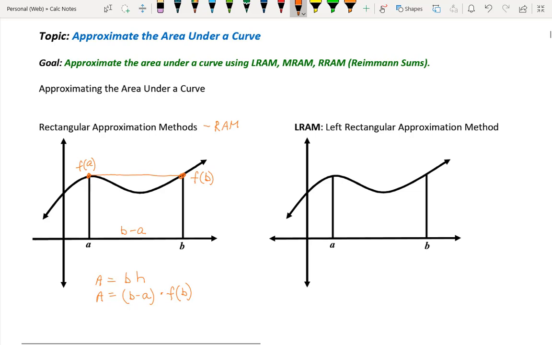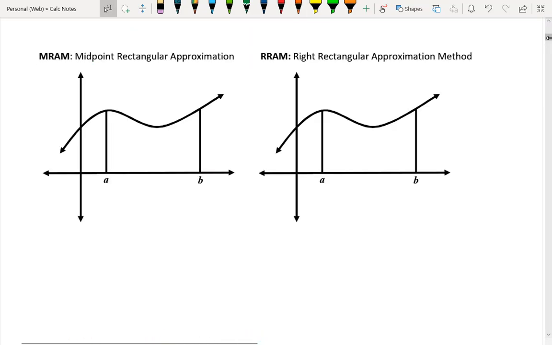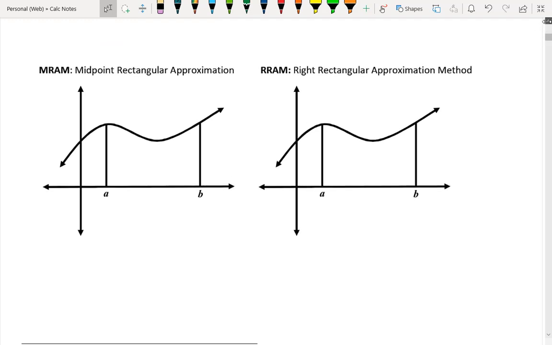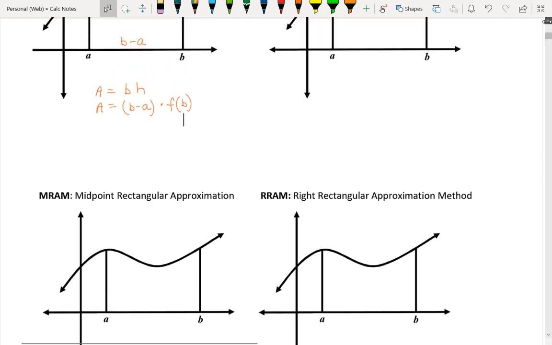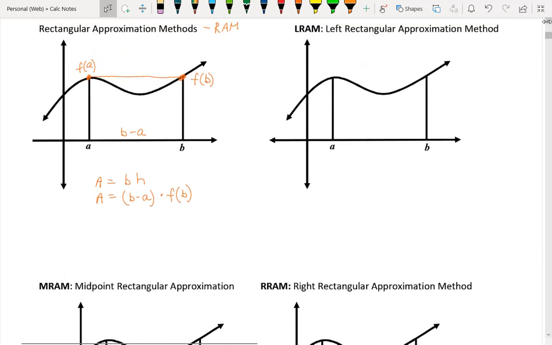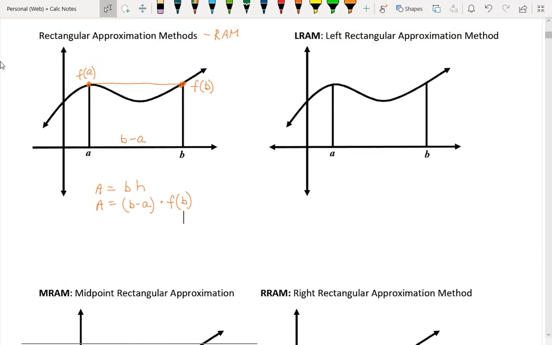So when we talk about left-hand approximations, what we're doing is using rectangles, and we're using the left-hand point for our height. What I'm going to do is actually split this graph in half.